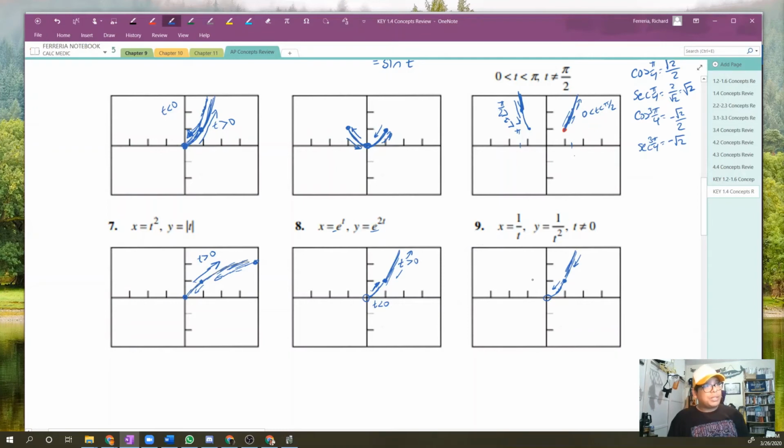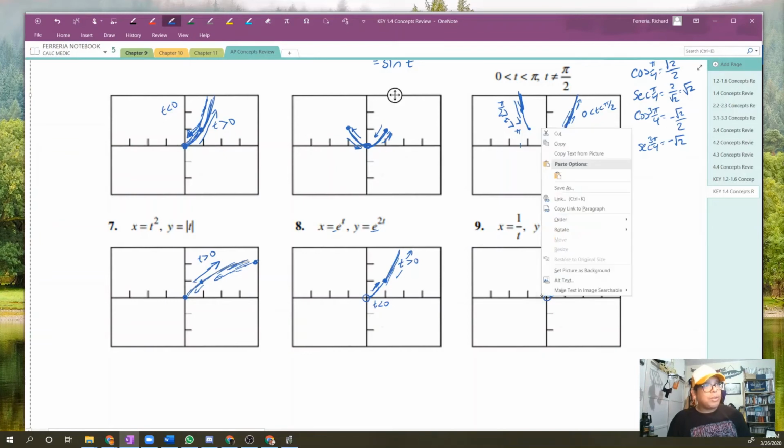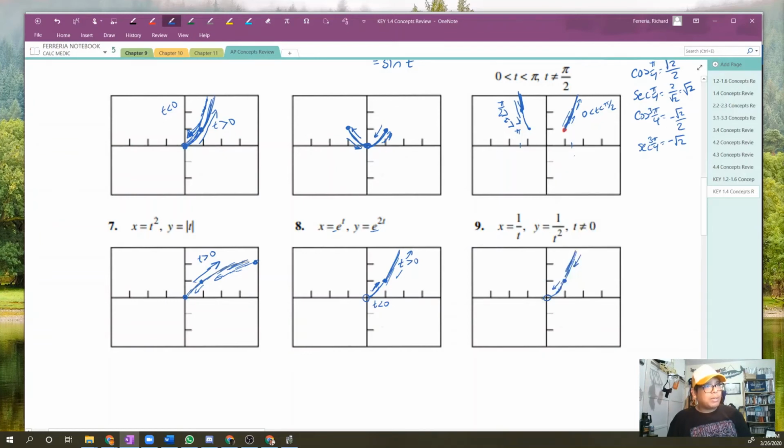So when t is negative 1, that's like really close right there. When t is negative 1, we've got negative 1 and 1. So at the very least, we're heading in this direction.